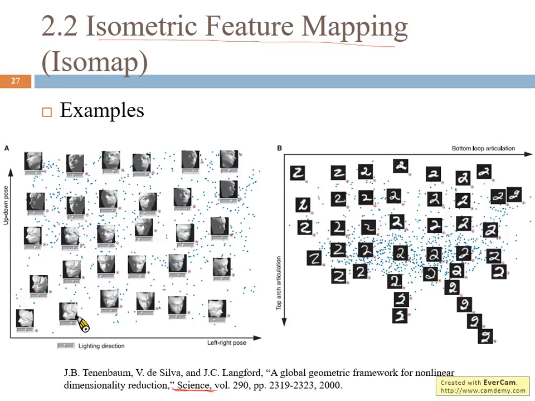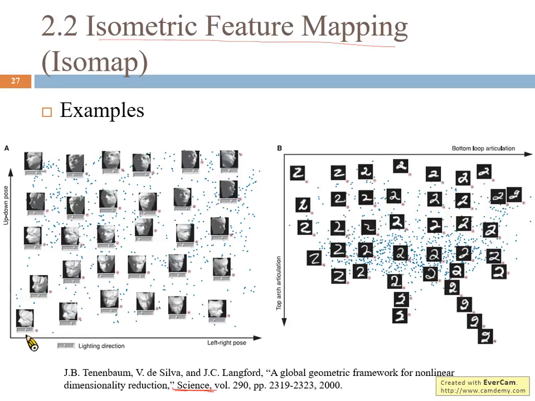The first example is we can capture the head of a statue from different angles and with different lighting directions. From the left to the right, we capture this statue from different viewpoints.